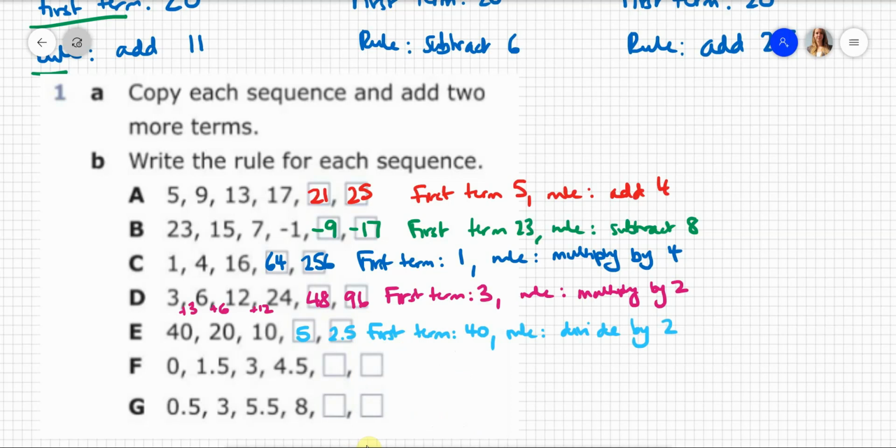Next one, first term is 0, and the rule seems to be add 1.5. So we'll have 6 and 7.5.